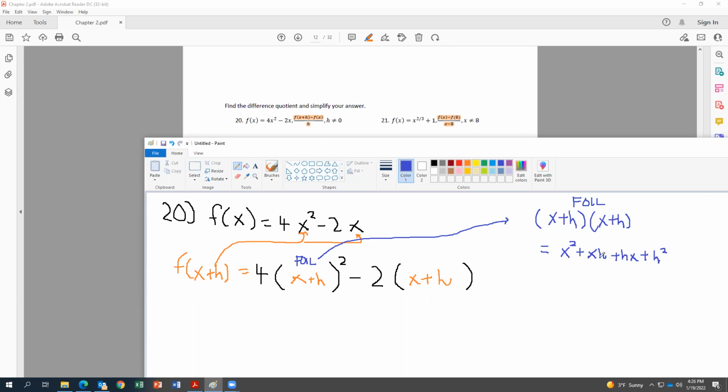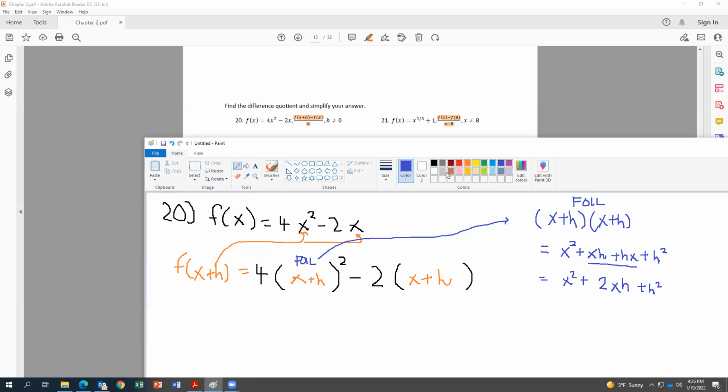Now don't forget xh and hx are the same, so this can be combined to become 2xh. So this is x squared plus 2xh plus h squared.